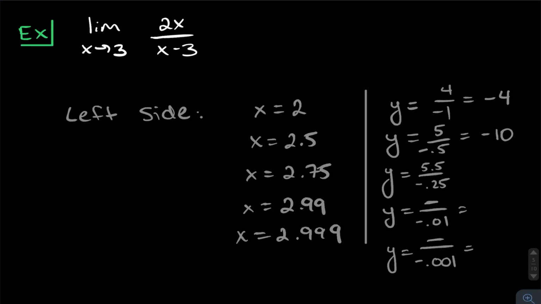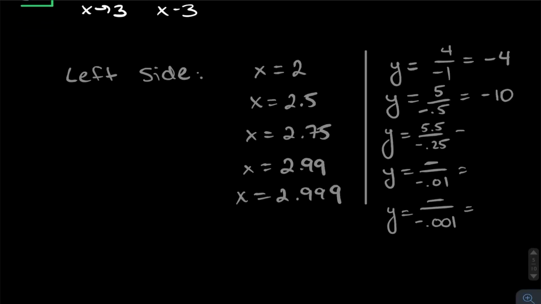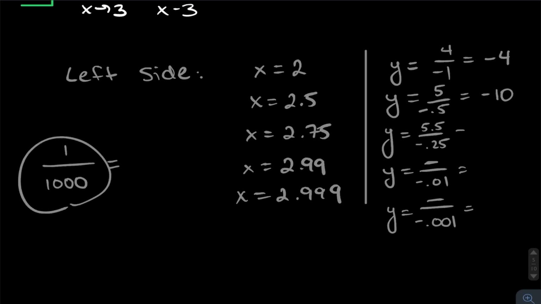And so what's happening here is that because these denominators are getting smaller and smaller, the value of the entire fraction just blows up, right? Think about 1 over, let's say, 1,000. When you have a large denominator, this is something that's extremely small.